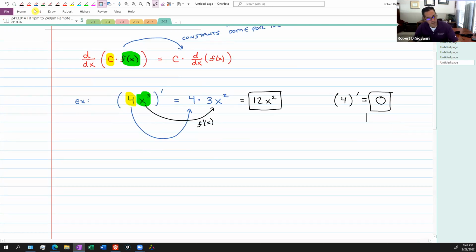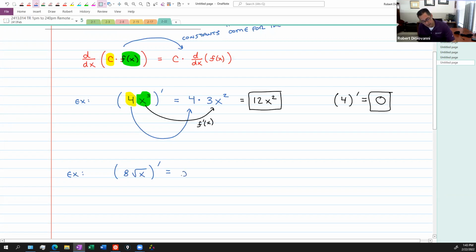So let's do this one. What if I'm giving another example here? What if I wanted you to take the derivative of 8 square root of x? The 8 will come for the ride, right?